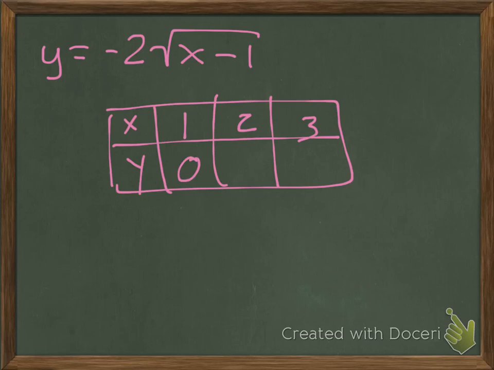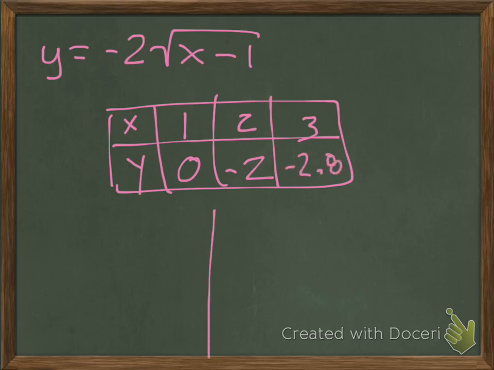Then we have 2 minus 1 is 1. Square root of 1 is 1 times negative 2 is negative 2. Then we have 3 minus 1, which is the square root of 2. So 1.4 times negative 2 equals about negative 2.8.